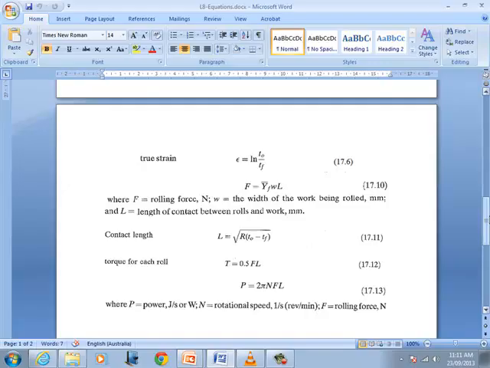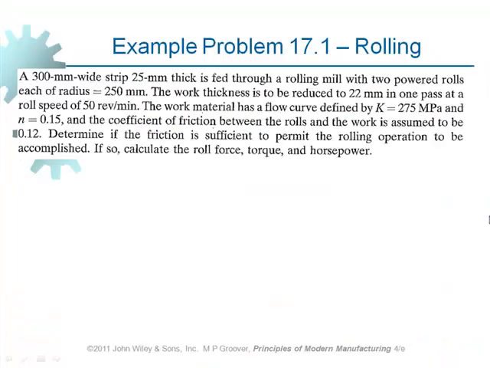Okay? Now back to the problem. In the problem, we've got a rolling process. The width of the strip, or the sheet metal, is given. The width of the sheet metal is that much. Thickness is given, and we are going to roll it by two powered rolls. The radius of the roll, R, is given.